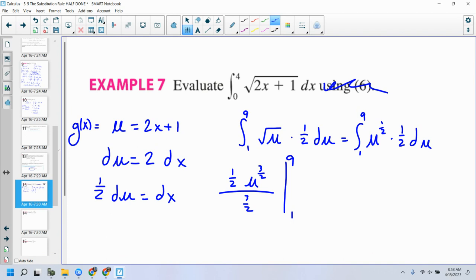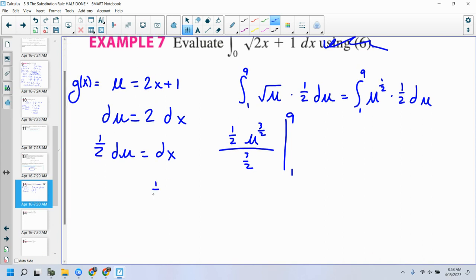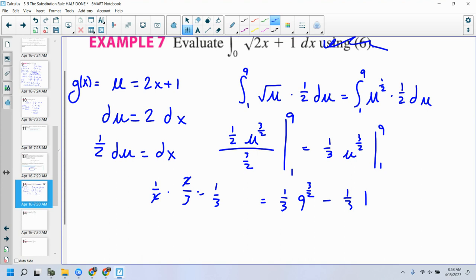You don't need to. You change the boundaries. Okay, so 1/2 divided by 3/2. 1/2 times 2/3 is 1/3. So that's going to be 1/3 u to the 3/2 from 1 to 9. So 1/3 times 9 to the 3/2 minus 1/3 times 1 to the 3/2.